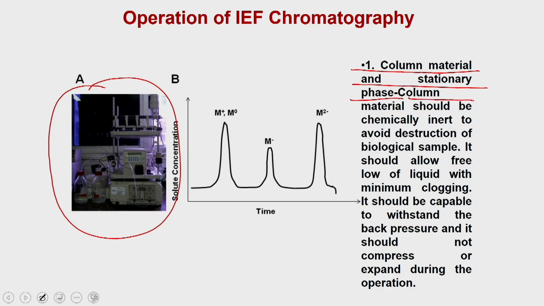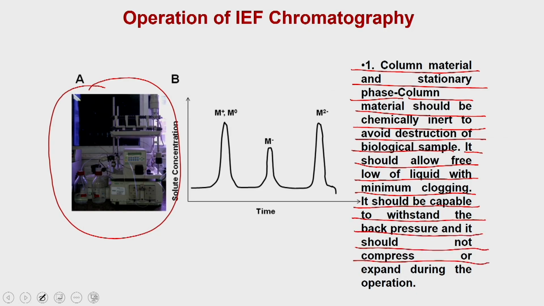The column material should be chemically inert to avoid destruction of biological samples. That is very important: whatever material or matrix you take should not react with the proteins. It should allow the free flow of liquid with minimum clogging, it should be capable of standing the back pressure, and it should not compress or expand during the operation.